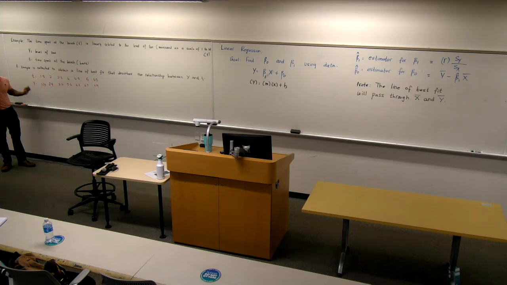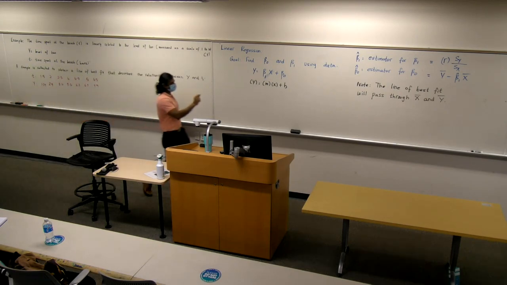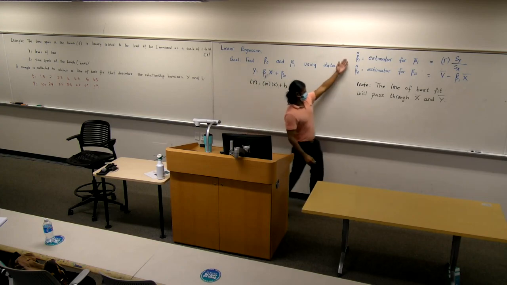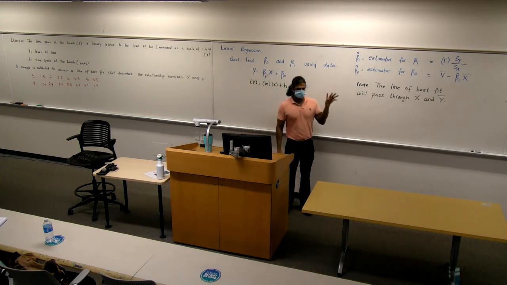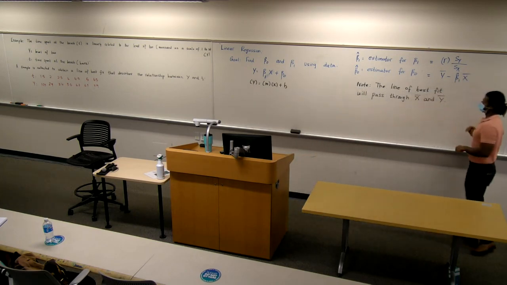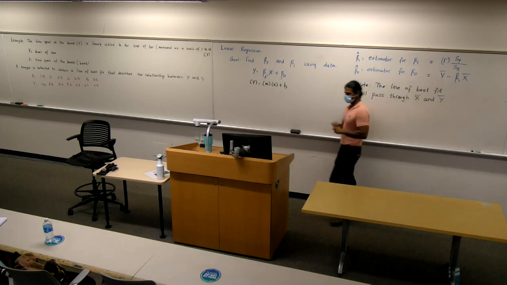Good. Our objective is to find or estimate the values of beta 1 and beta 0, which would be the estimators. And how do we find this? We use the formula to find them. So I guess I'll leave that as homework.